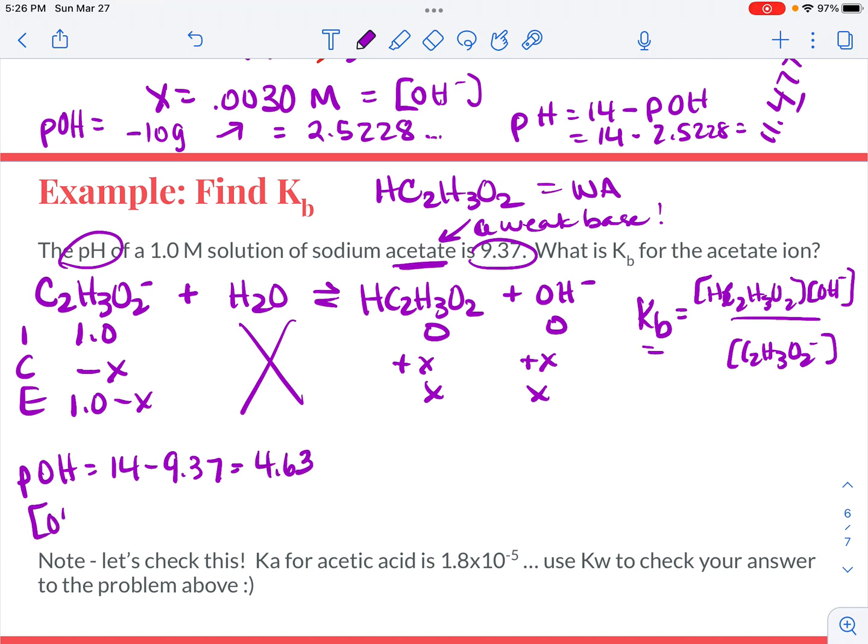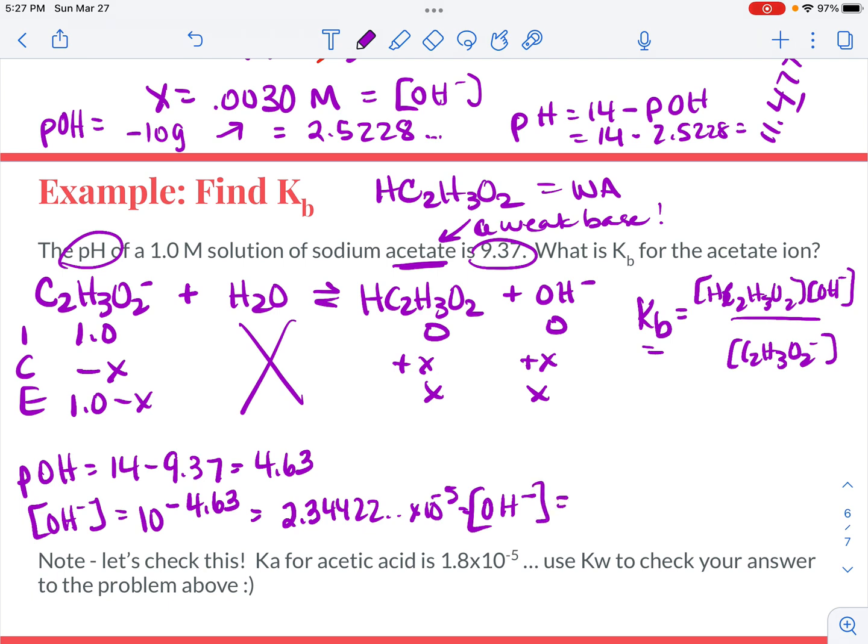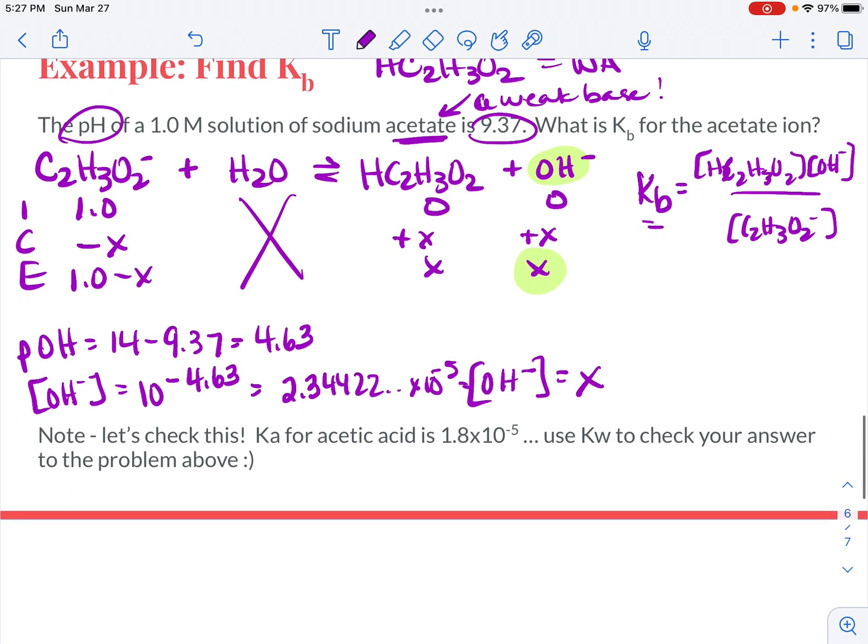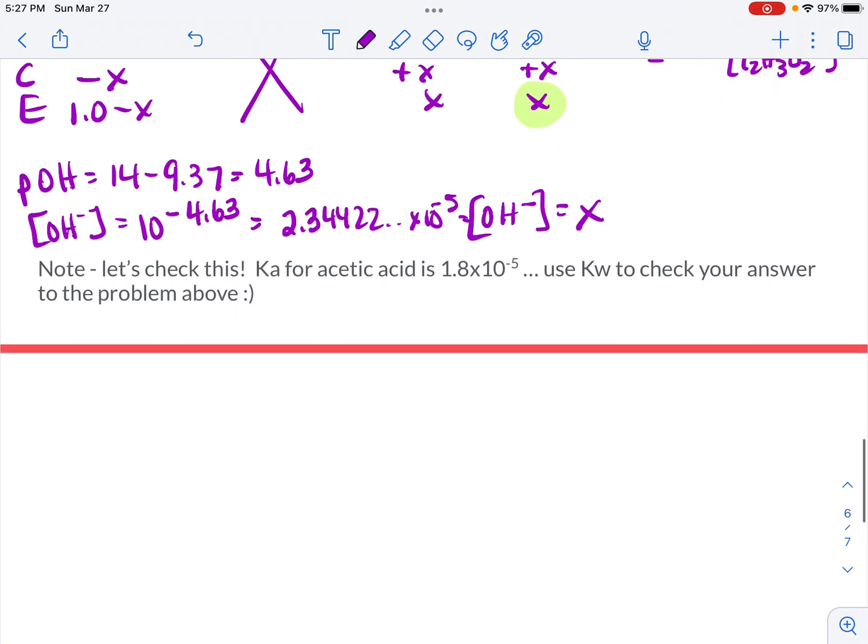That means that OH minus concentration equals 10 to the negative 4.63, which I found to be 2.34422, a bunch of numbers, times 10 to the negative fifth. And that's equal to my OH minus concentration. Okay, so that equals x. Again, I'm looking at this being OH minus concentration. Okay, I'm going to finish this down below because I'm out of room.